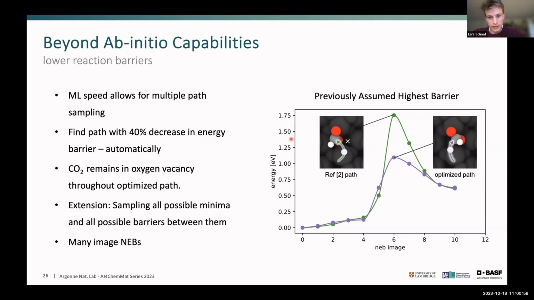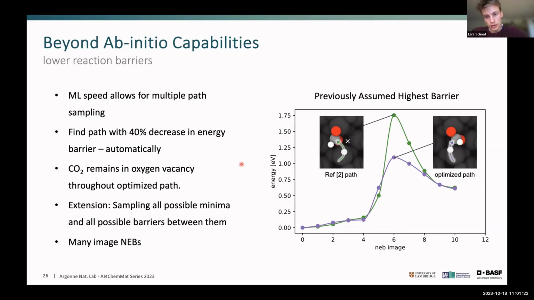So here you can see that this is the path in literature, and the adsorbate has to move out of the oxygen vacancy that's indicated by a cross here, and in the path that the automatic protocol found, the adsorbate can remain in this oxygen vacancy, which is the active site, throughout the entire path.